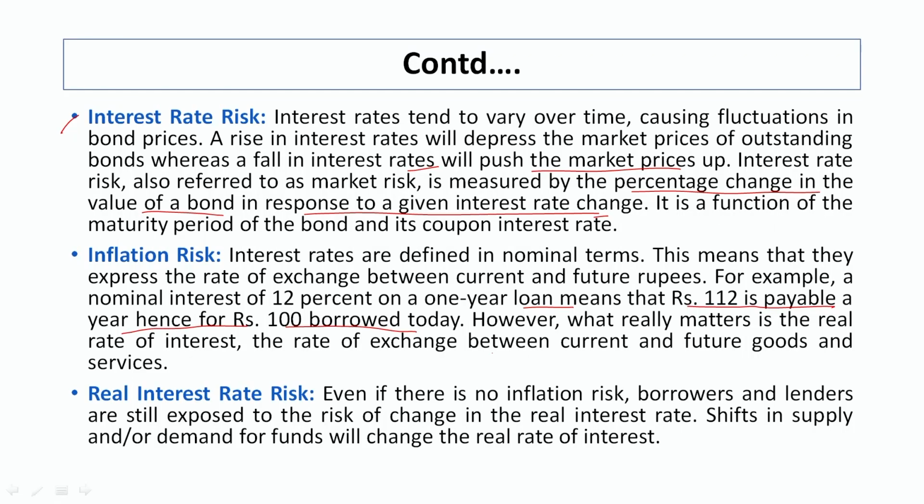However, what really matters is the real rate of interest, the rate of exchange between current and future goods and services. If due to inflation the purchasing power of money decreases, in that condition this particular rate is not going to suffice the investor. We are paying 12% interest just because we want to safeguard the investor against inflation.